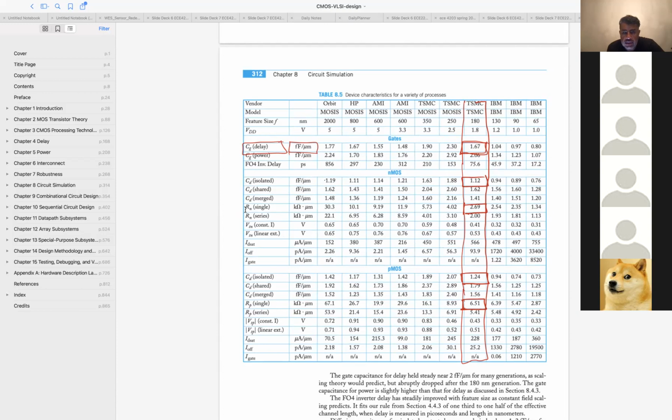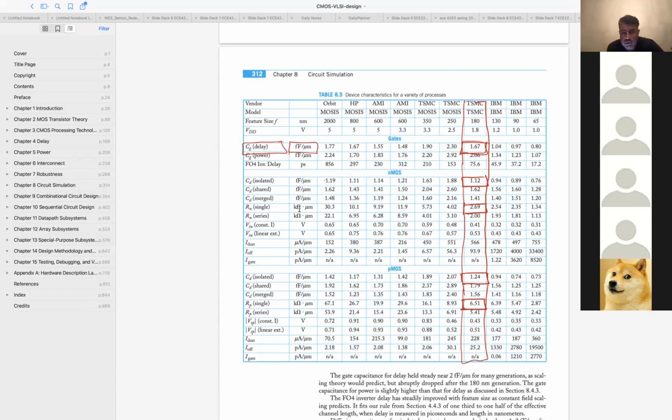If you look at, I don't know if you guys can see my cursor, this R sub n, which is 2.69 kilo ohm microns, is this average resistance for an NMOS transistor. And there's an R sub P, which is down here, which is 6.5 kilo ohm microns for a PMOS transistor.